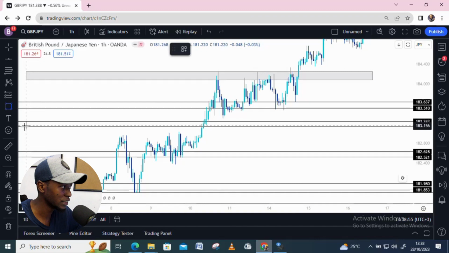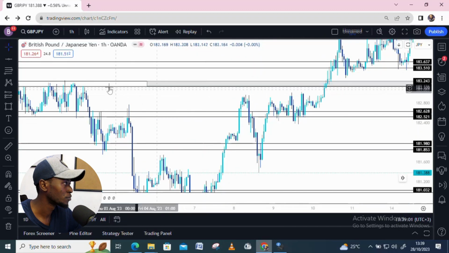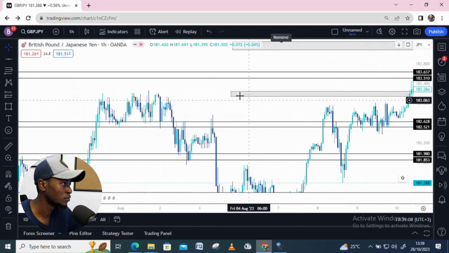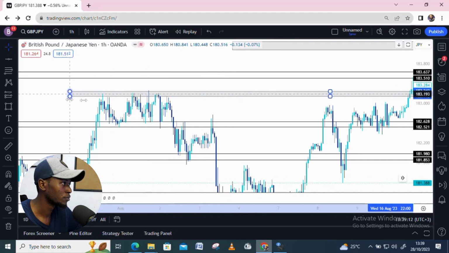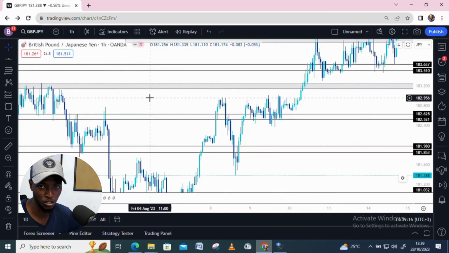I'll explain in a bit. So these are our first initial zones.